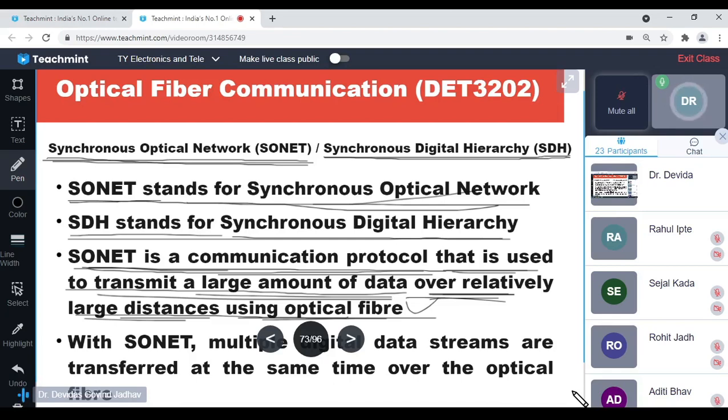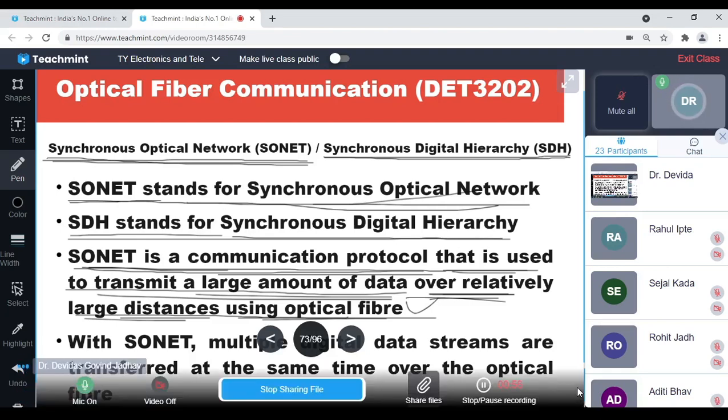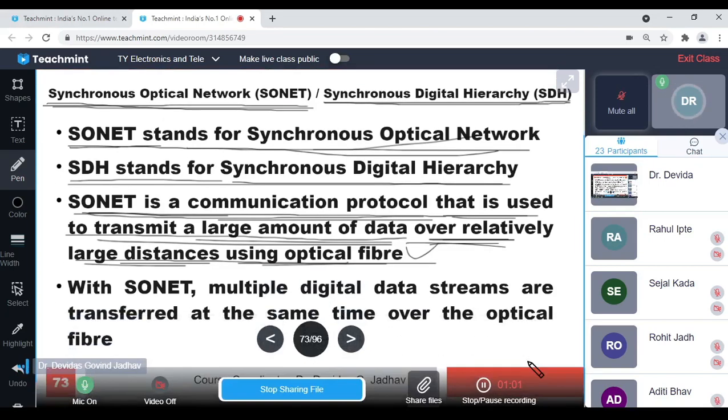Okay. So with SONET, multiple digital data streams are transferred at the same time over the optical fiber.